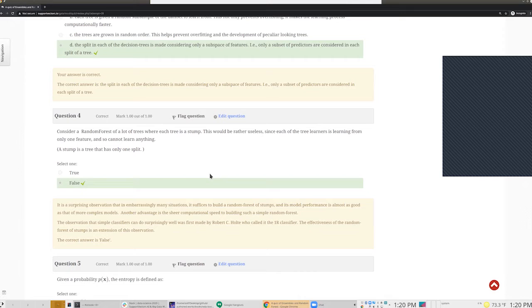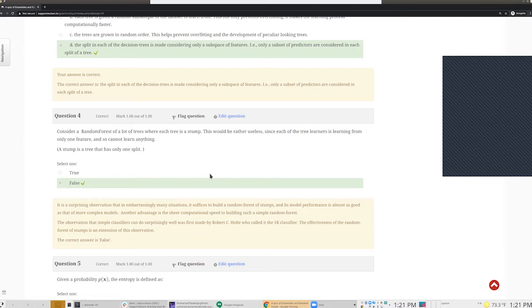It is a surprising observation that in embarrassingly many situations, it suffices to build a random forest of stumps, and its model performance is almost as good as that of more complex models. Another advantage is the sheer computational speed of building such a simple random forest. So sometimes start with max features equal to 1.